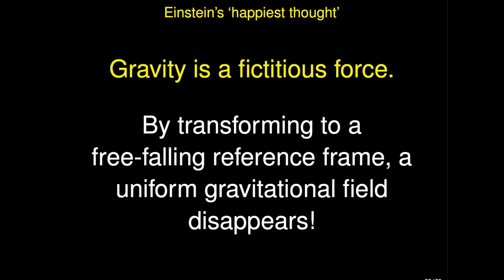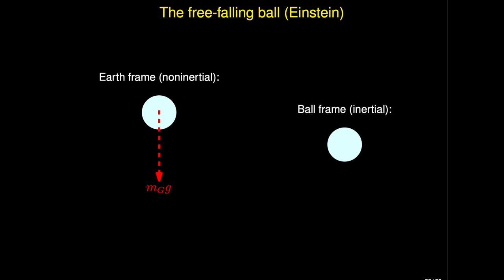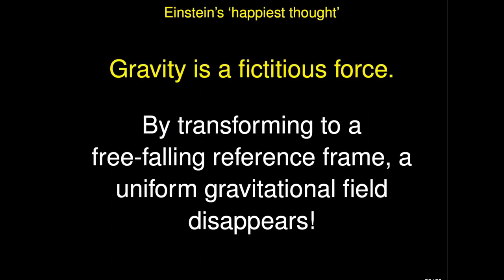A uniform gravitational field, at least like we have near the surface of the earth, where we assume the strength of the field is the same everywhere, can be made to disappear by a choice of reference frame. And that's what gravity has got to do with reference frames. Gravity is apparently a force in Newton's theory, but you can just make it disappear by a change of reference frame.